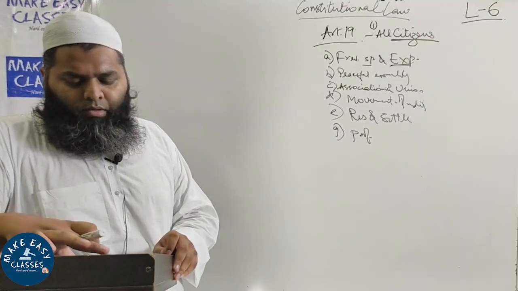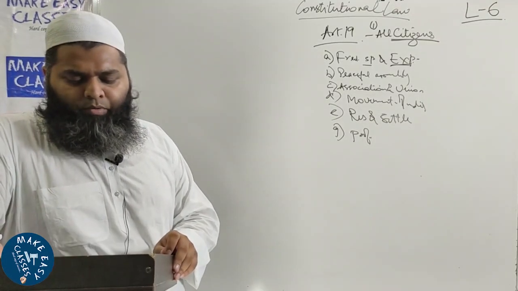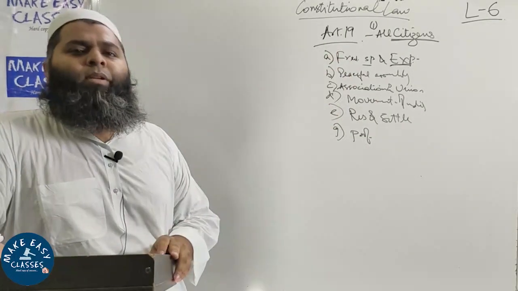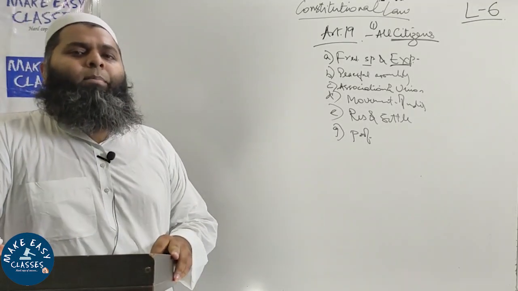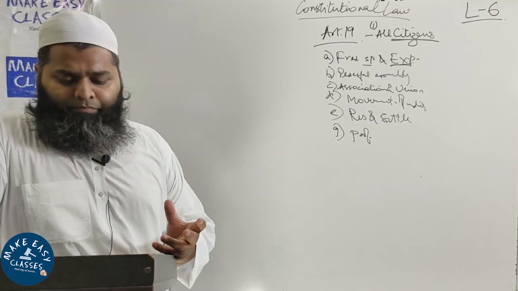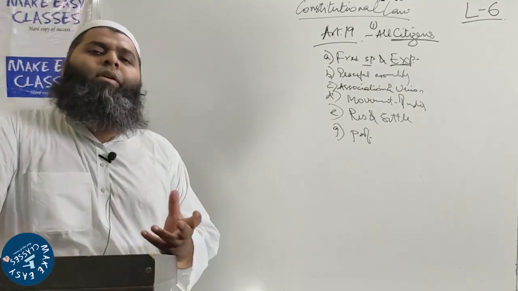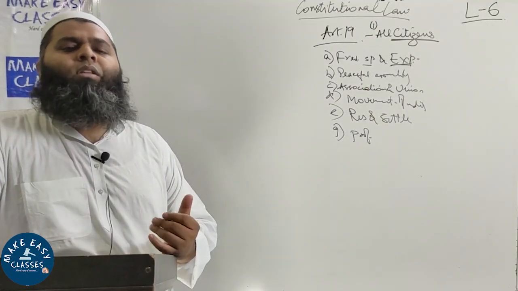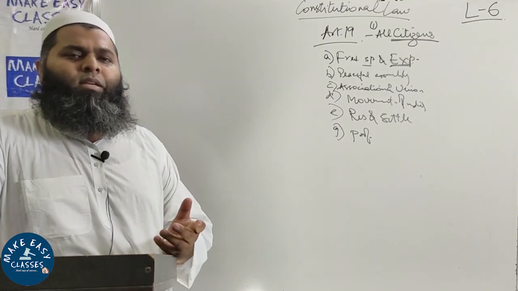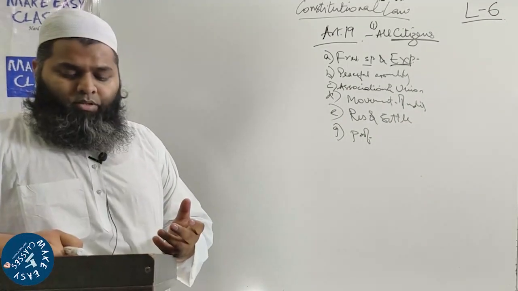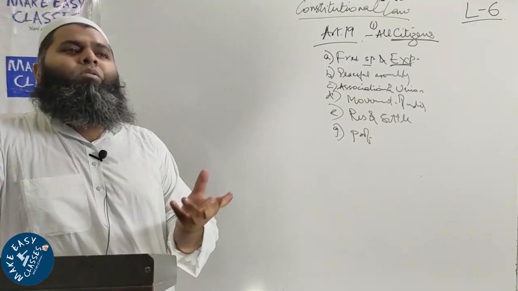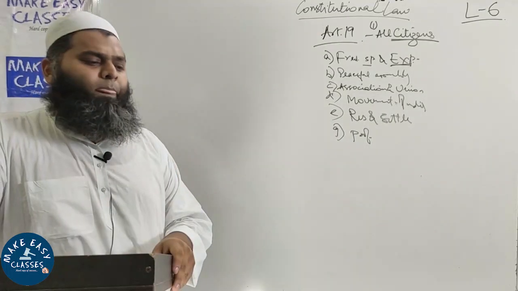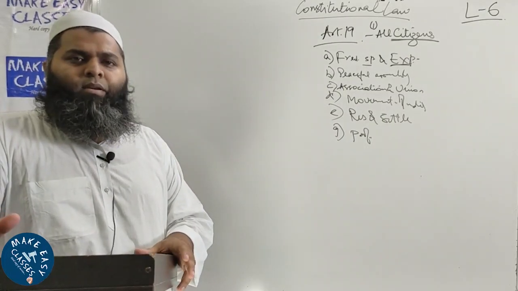And Article 19(1)(b) deals with the right to assemble peacefully without arms, peaceful assembly. Meaning thereby that citizens have full freedom to assemble peacefully without arms. We can assemble anywhere, full permission is there, but without arms and ammunition. There are a number of organizations and parties, so you can assemble.